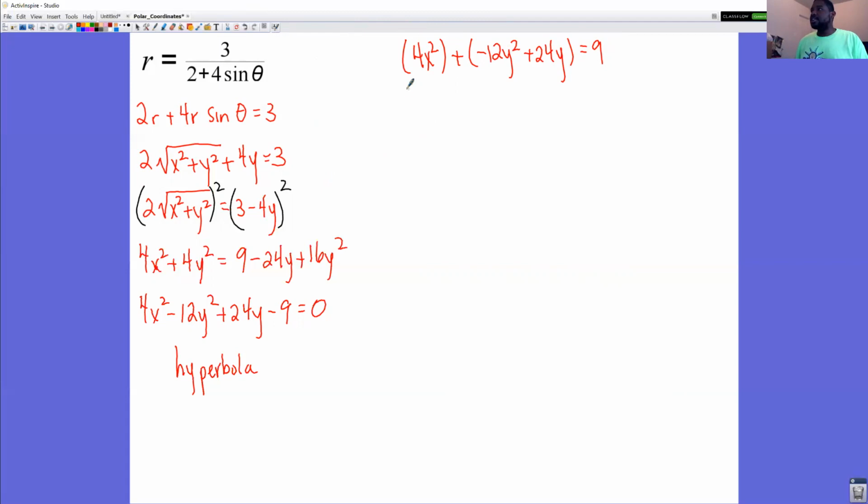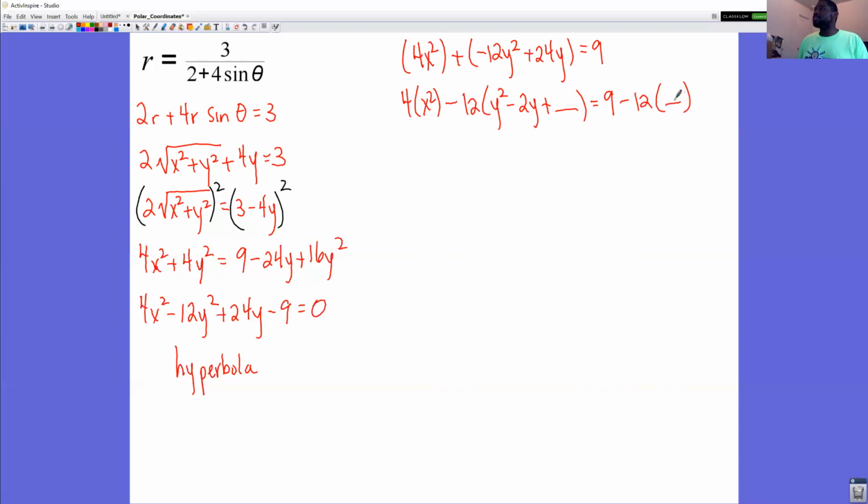So now we're going to factor out our coefficients. 4 and x squared here. And we're going to factor out a negative 12. So negative 12, that gives us a positive y squared minus 2y plus blank equals 9 minus 12 times blank.